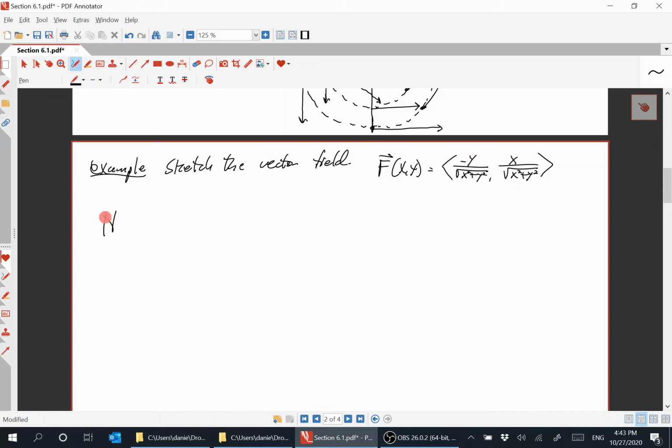Notice that for every x and y, the length of F of x, y is the length of this vector here.